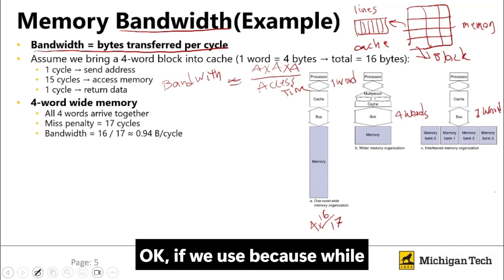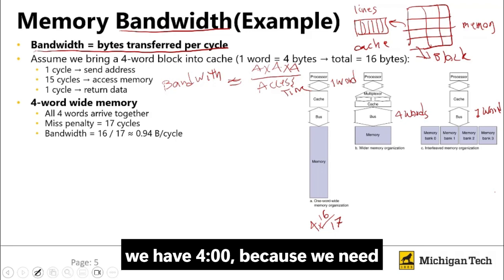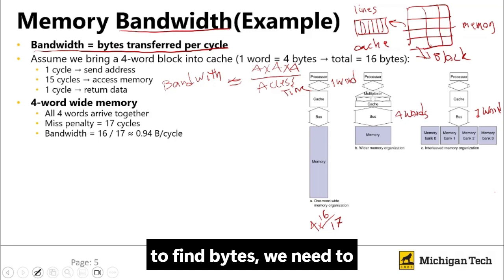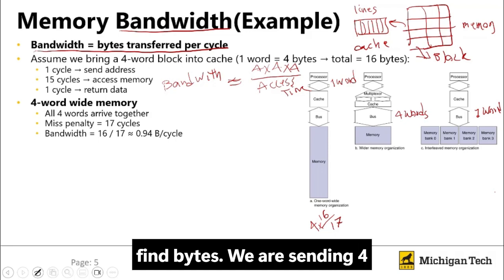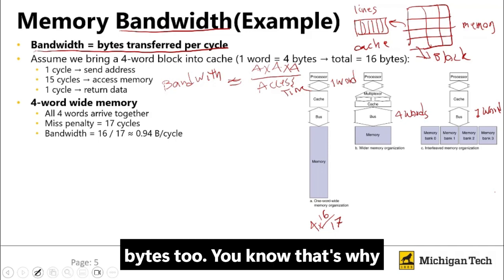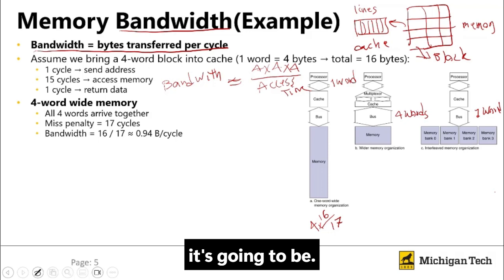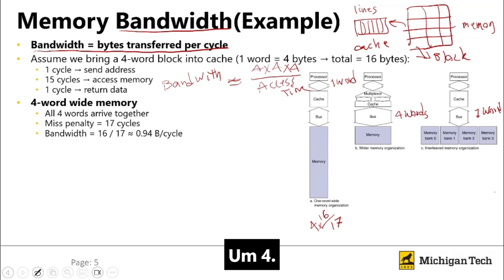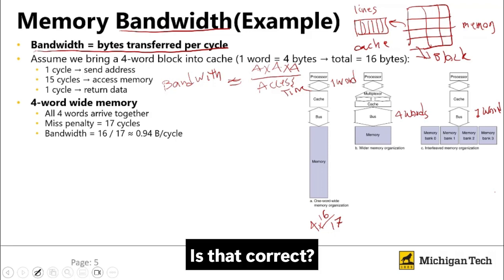Why do we have 4? Because we need to find bytes. We are sending 4 words, and each word is 4 bytes too. That's why it's going to be 4. Is that correct?